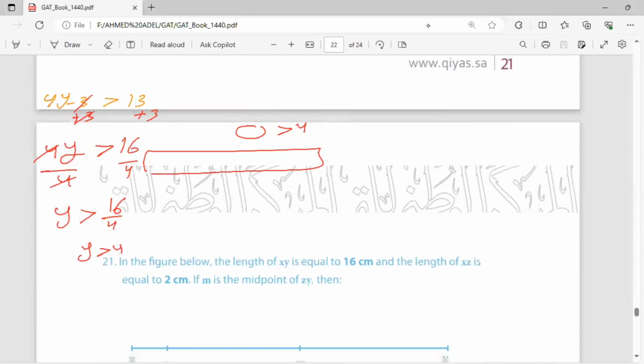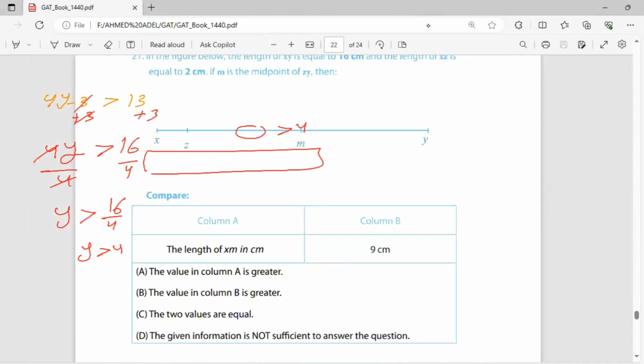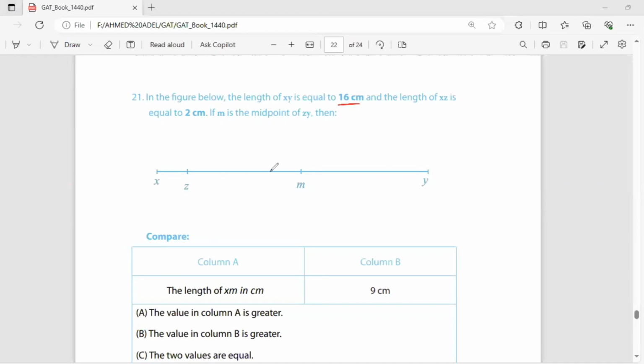Number 21. Here in 21, in the figure, the length of xy is equal to 16 centimeters. All of xy is 16 centimeters. And the length of xz is 2.